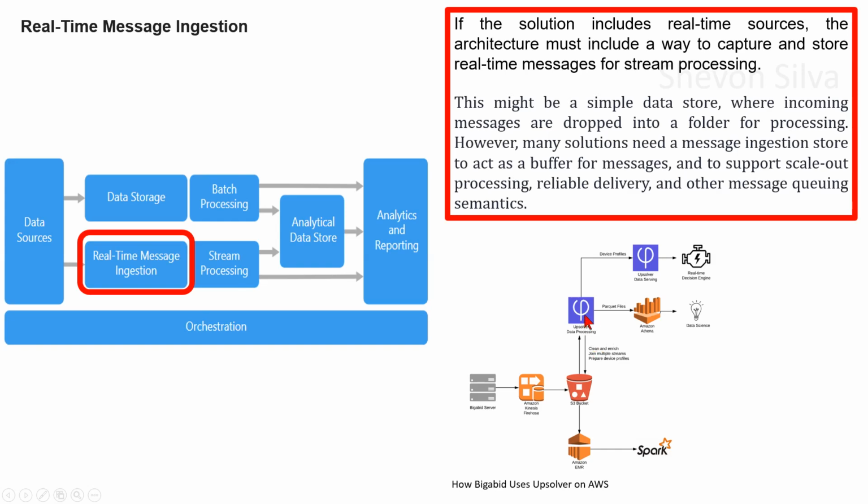Upsolver data processing is connected to Upsolver data serving through device profiles, and it is connected to the real-time decision engine. Upsolver data processing is also connected to Amazon Athena through Parquet files, and it is connected to data science.